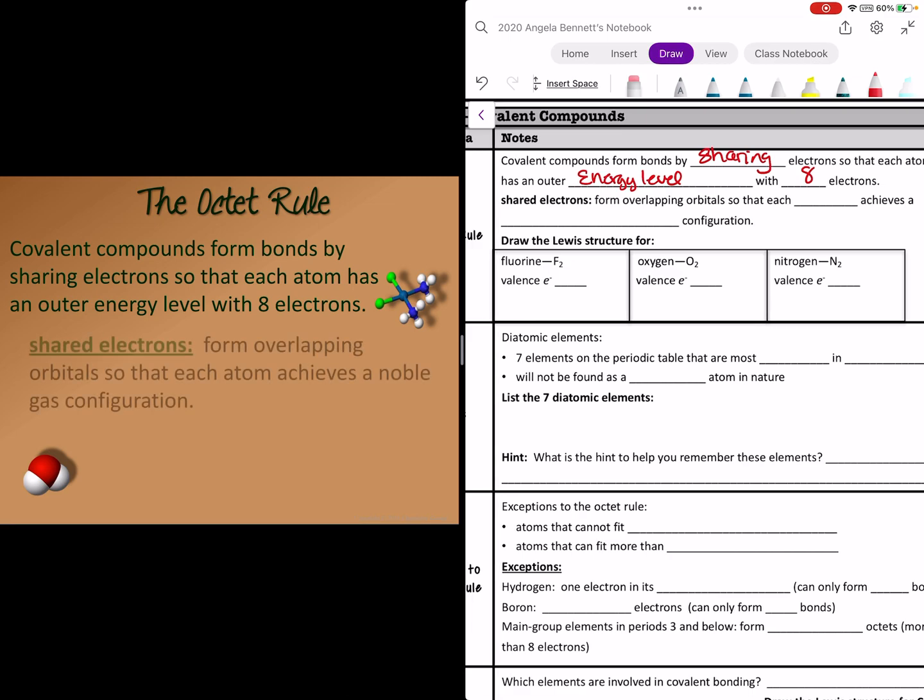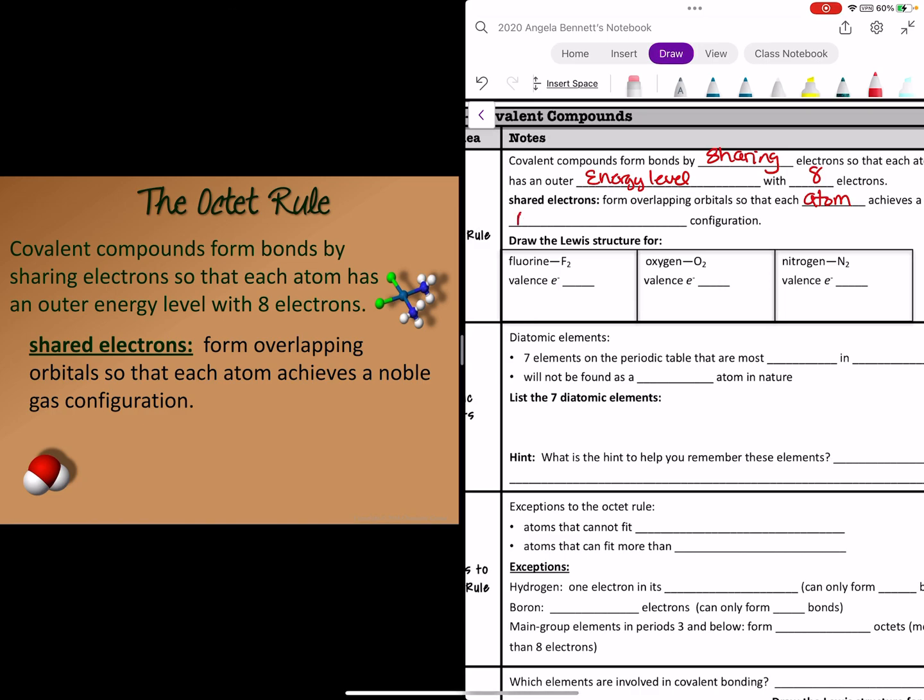The shared electrons form overlapping orbitals so that each atom achieves a noble gas configuration. Remember, those noble gases are very satisfied. They have their octet and they are super happy, if we are going to personify.